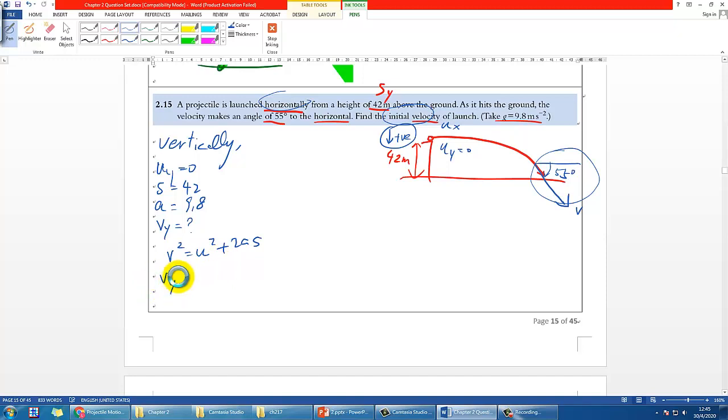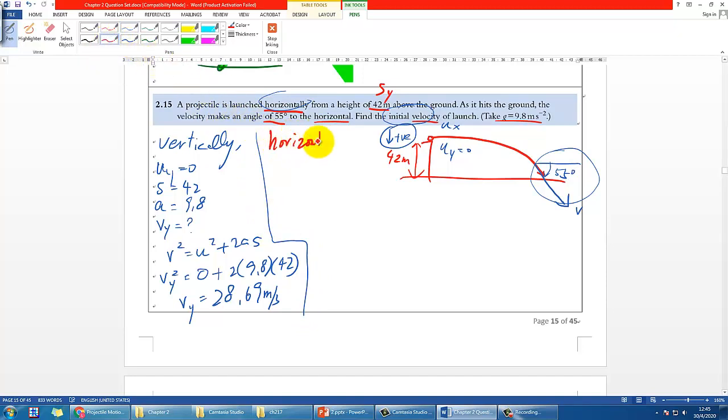So Vy is the one we want to find. U is 0, A is 9.8, S is 42, and so Vy, using a calculator, is 28.69 meters per second.